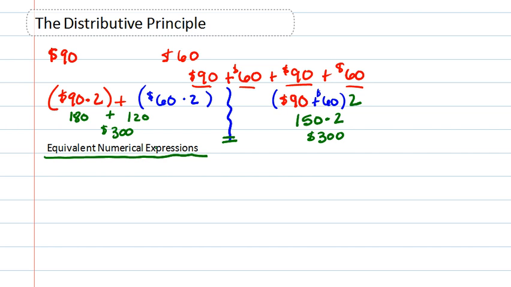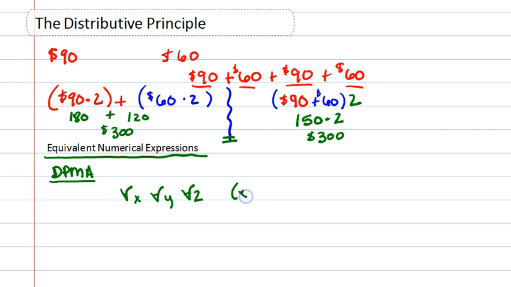So let's think about this algebraically. This principle is called the distributive principle of multiplication across addition, or for short, the DPMA. For all real numbers x, and all real numbers y, and all real numbers z, this is true.